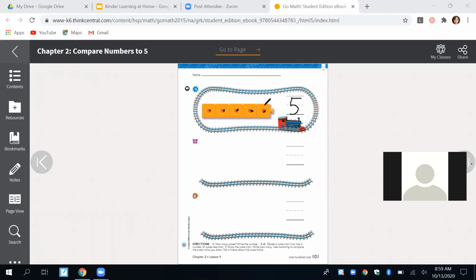Now, we need a model of cubes that has a number of cubes less than 5. Leah, if I want a number less than 5, how many can I draw? How many should I draw, Leah? Less than 5. Six.